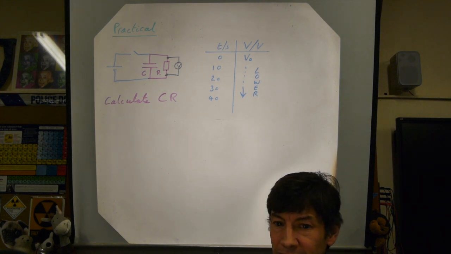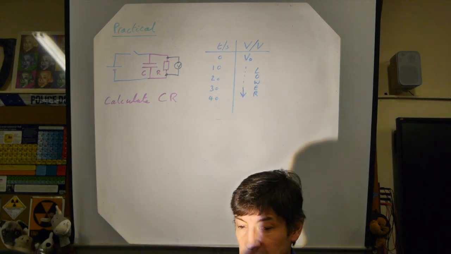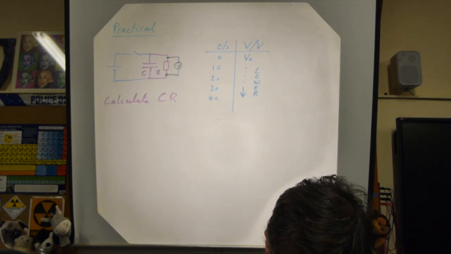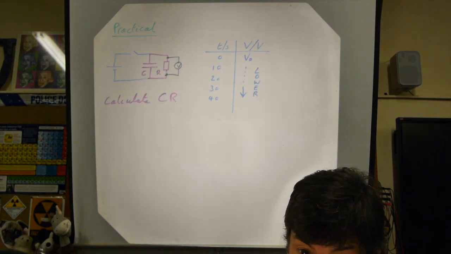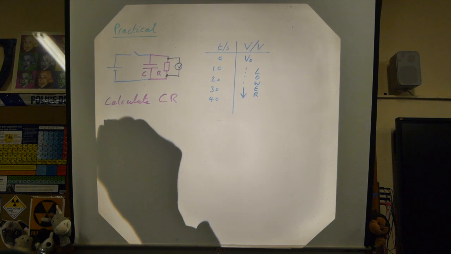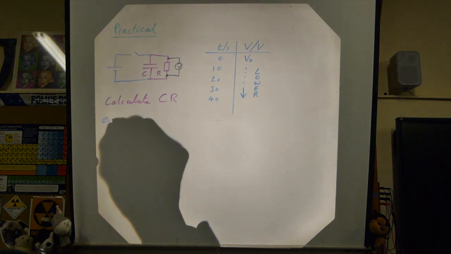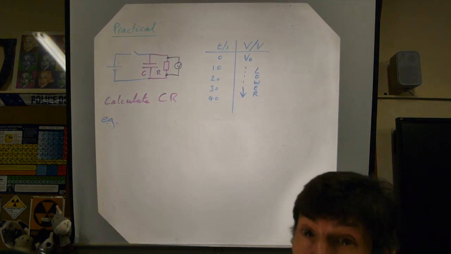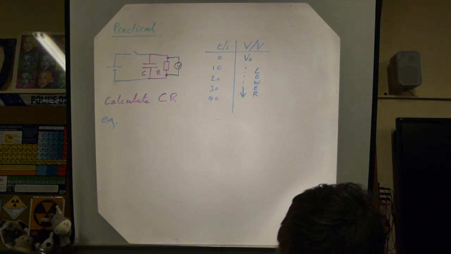So let's see if we can calculate CR. Well, I need to give you some values of the components if we're going to do that. So let's have an example value of components. Now, you don't know what I'm up to here. I'm up to something, as you probably guess now.